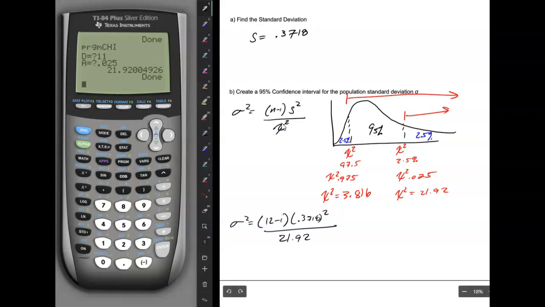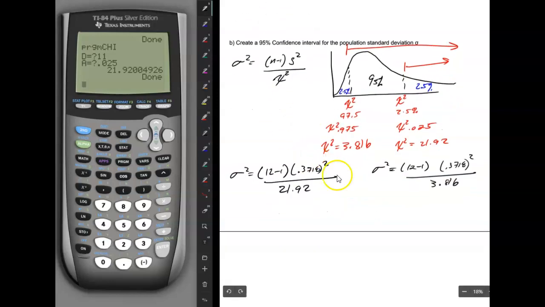So the first one is 21.92, and then that'll give us the lower bound, and the upper bound will be 12 minus 1 times 0.3718 squared all over 3.816.